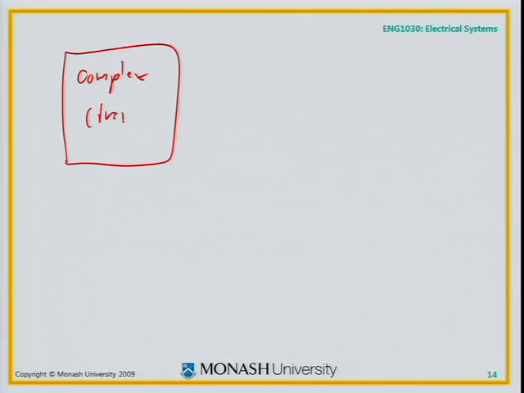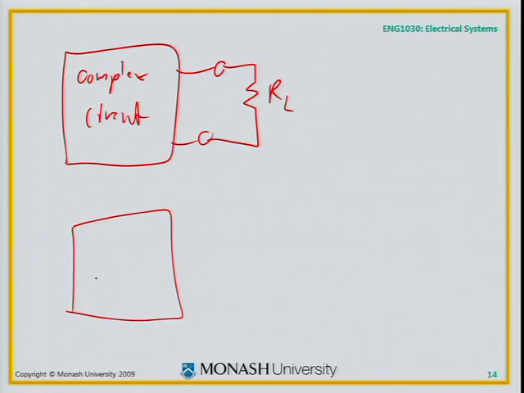If you wanted to repeatedly analyse some big complex circuit, maybe you've got a variable load on there and you're going to keep changing the load and you want to know what's going to happen, rather than reanalyzing it each time, if I can replace what's in the box with that, I have a fairly simple circuit to analyse. And as I vary the load, I'll very easily be able to work out what's going on.